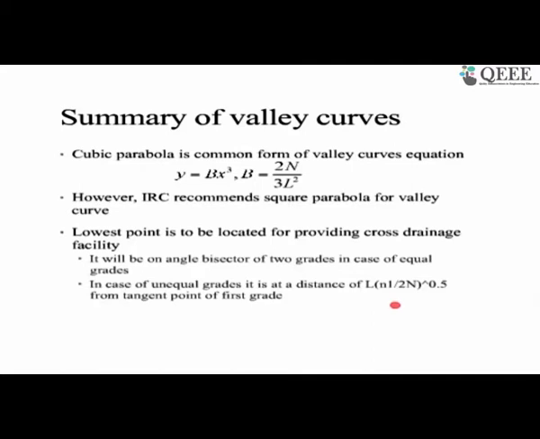Now before I move on to the next slide, I received another question: what would be the minimum distance of a bus stop if it needs to be provided at a valley curve or summit? This is a very good question. Bus stops are provided first of all according to the convenience of the passengers, where they have crossroads and where they are going to act.